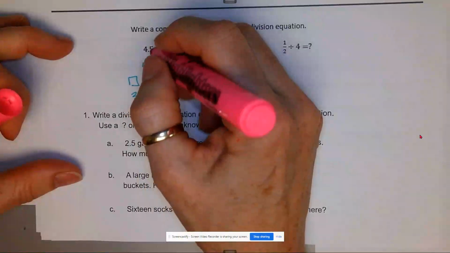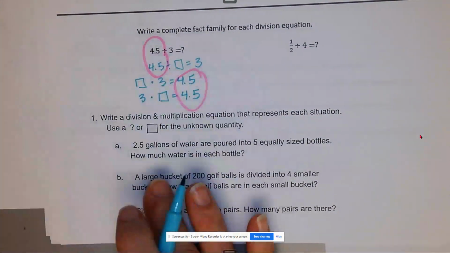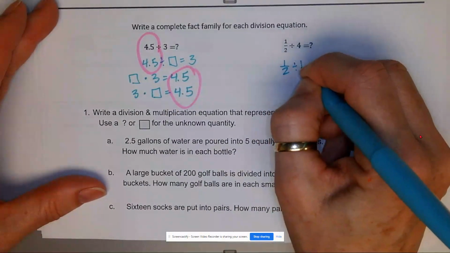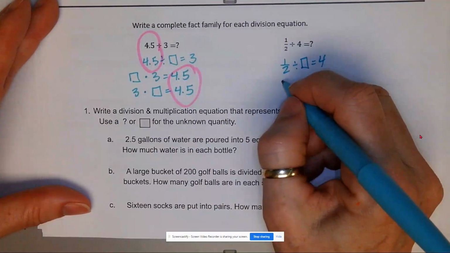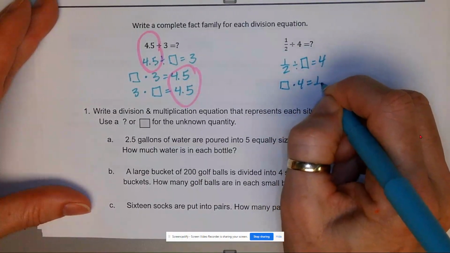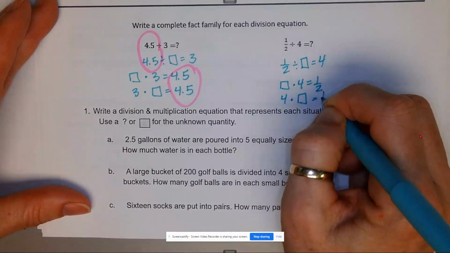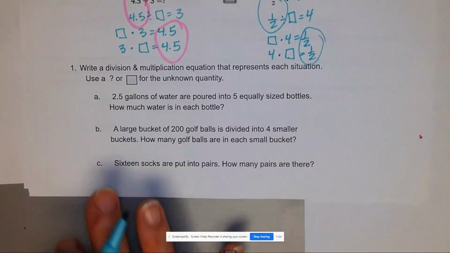Remember, your dividend and your products will always be the same. And I use an empty box for my question mark. If you'd rather use a question mark, you can. And these should always be the same. That's a good way to check your work.